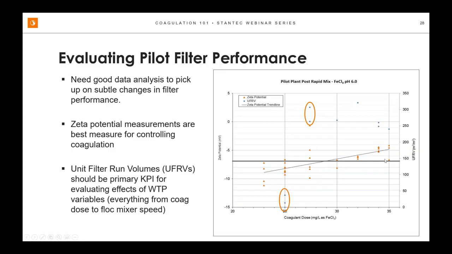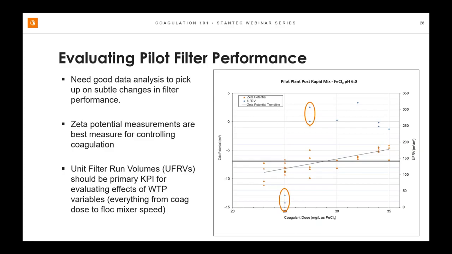But this is real data, and I've seen other plants and other people have done experiments where this kind of variation isn't unusual. So when we say we have a target, like in this graph of -7, it's not -7 plus or minus 0.2.